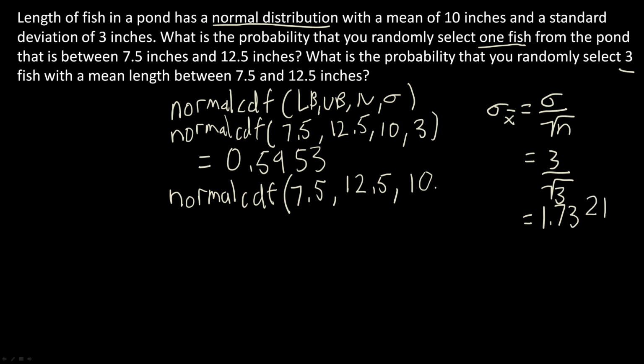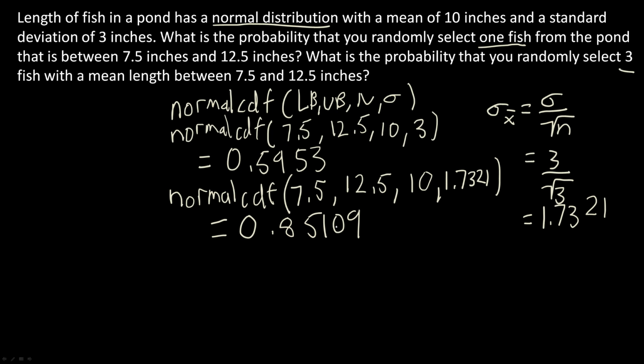So the standard deviation changes for what we have to put in for the parameter of the sampling distribution. So we can implement 1.7321 here. And now we can find out what this is equal to. This is equal to 0.85109.